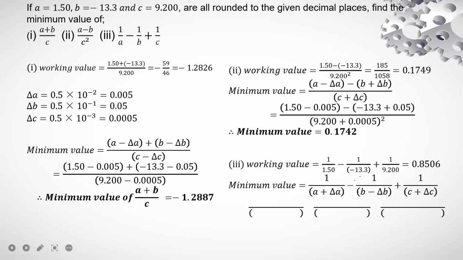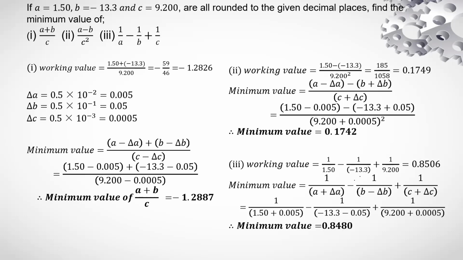So I have to make it more negative. The more negative I make it, the less the fraction, because it becomes positive due to the influence of that minus sign. So I substitute respectively, and I end up with my minimum value as 0.8480.